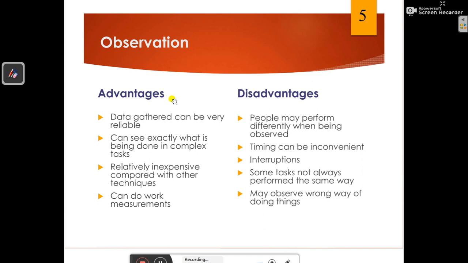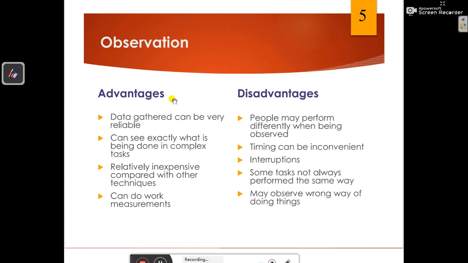And in information system design, there are going to be lots of complex tasks, which is why through observation you might find out what is really happening or going to happen. It is relatively inexpensive compared with other techniques. Why is this inexpensive? That is a question to you.